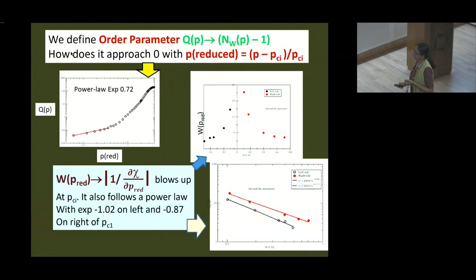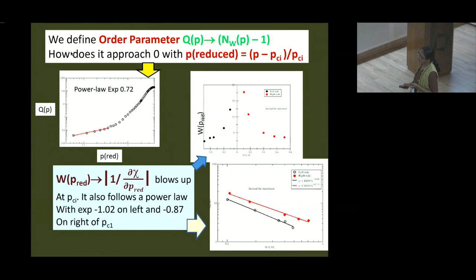And if we define a reduced P, as is usually done in transitions, P minus PC by PC, and if we plot this in a log-log plot, then we find that there is a power law variation with exponent 0.72.